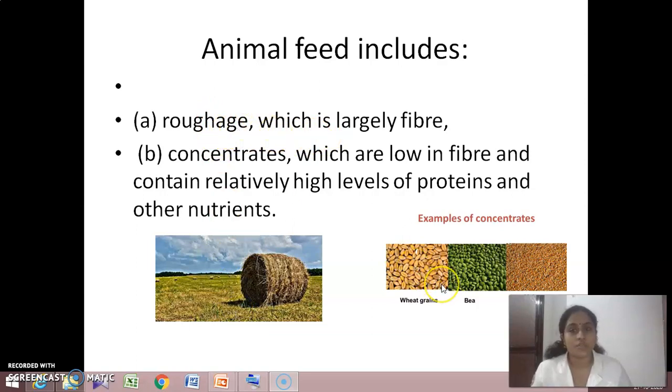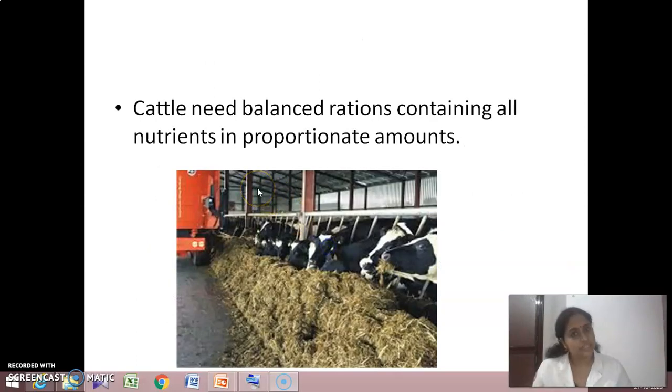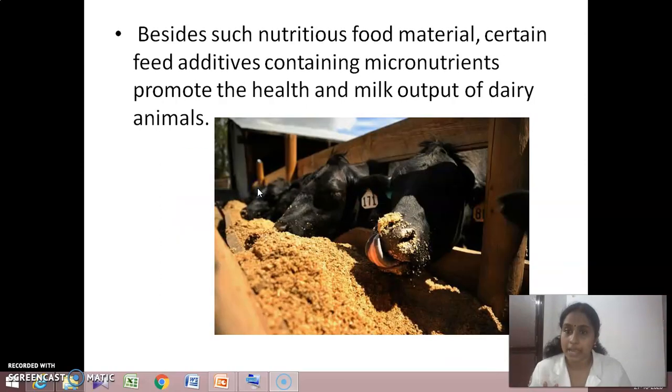Then we can make use of concentrates which are low in fiber and contain relatively high levels of proteins and other nutrients. Then cattle need balanced rations containing all nutrients in proper amounts.